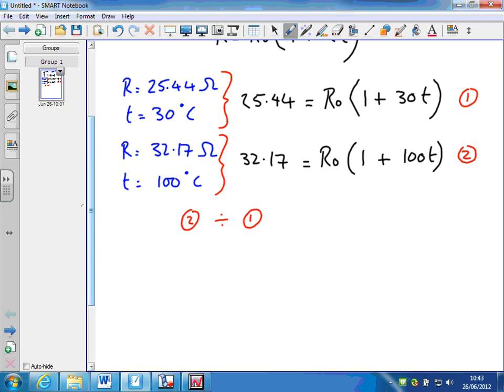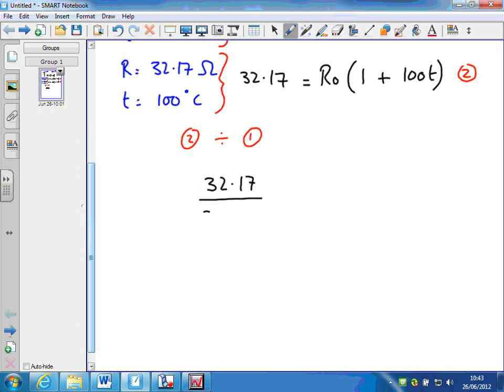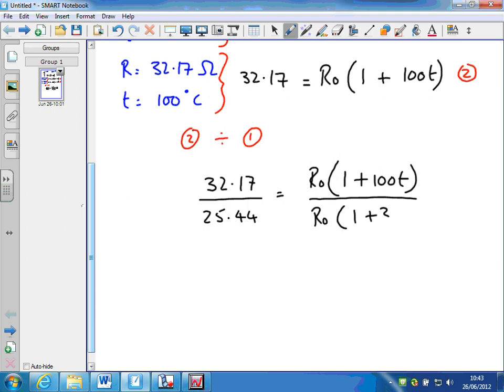I'll carry on. So we've got 32.17 divided by 25.44 equals R0, 1 plus 100T, over R0, 1 plus 30T.